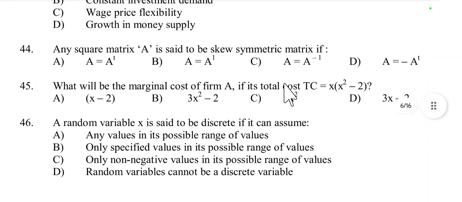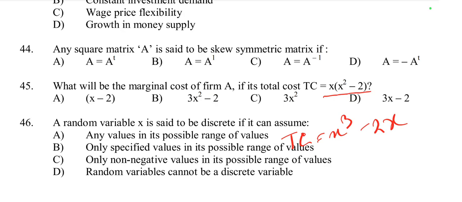Then question number 45. What will be the marginal cost of the firm if its total cost is equal to x into x square minus 2? So here TC is equal to x into x square minus 2. So x into x square is x cube, minus x into 2 is 2x.